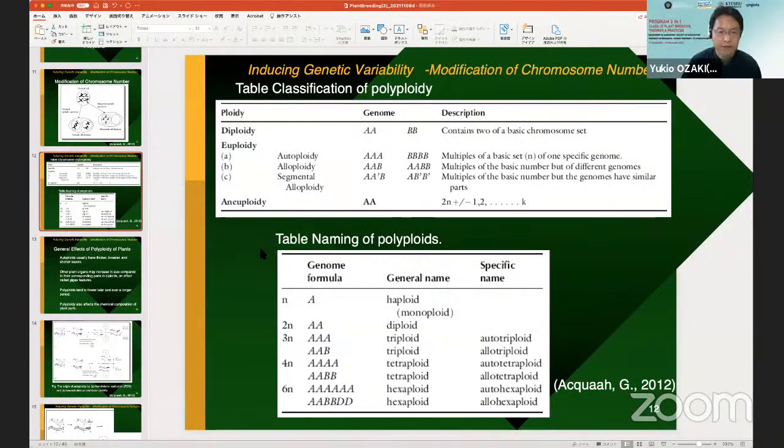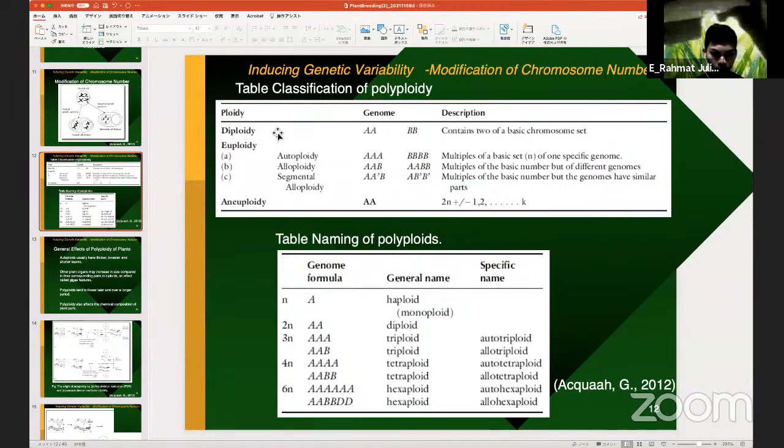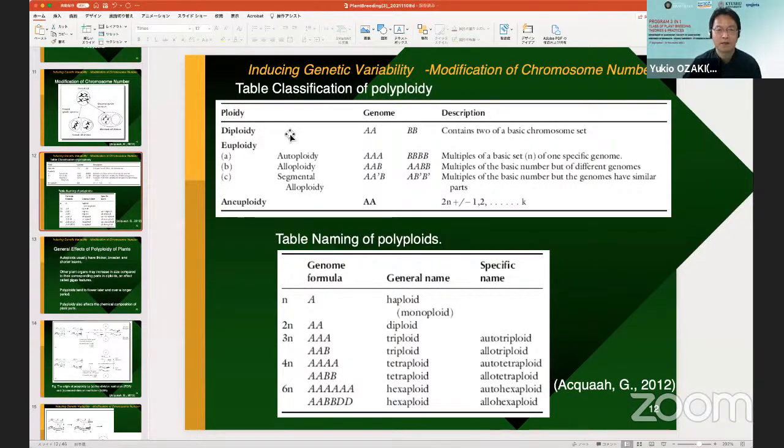Do you see the slide? Yes, sir. This shows the classification of polyploidy. In diploid, the genomic constitution is large A, large A. In euploidy, there are mainly two types: large A, large A, large A, large A, and large A, large A, large B. This is a polyploid constituting the same constitution of genomes.